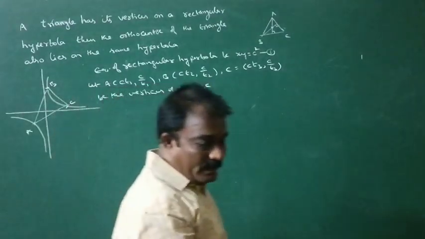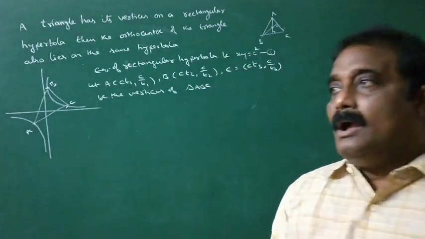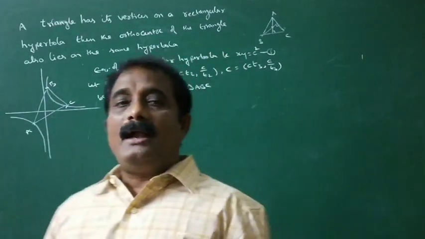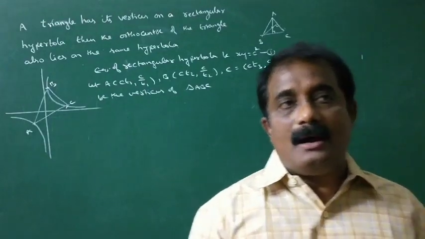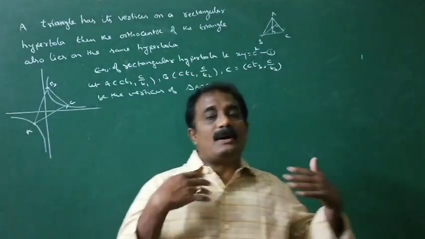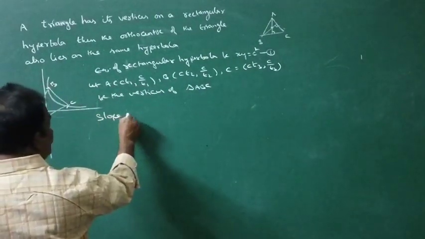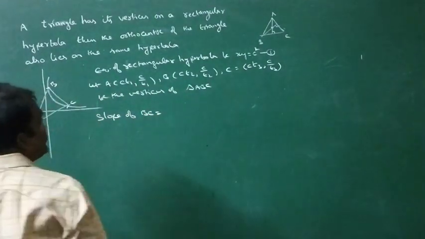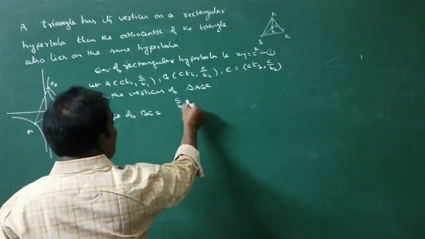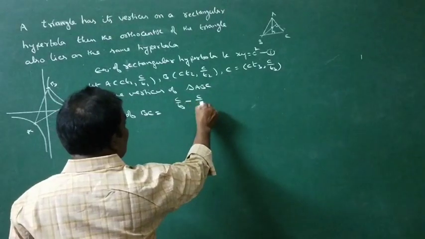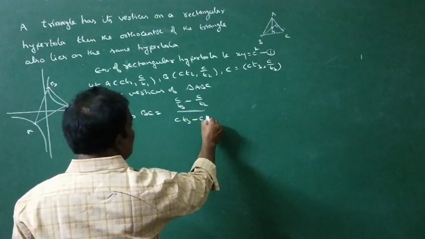Now we have to find the equations of altitudes through A and B. For finding the equation of altitude through A, first of all we have to find the slope of BC. Why? Because the altitude through A is perpendicular to BC. So slope of BC is the difference of the y coordinates, (c/t3 minus c/t2) by (ct3 minus ct2).